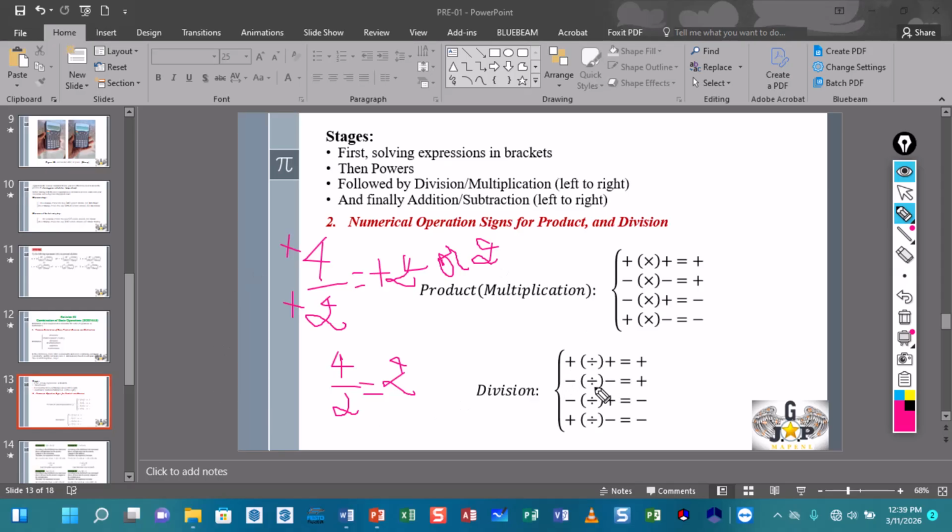Minus divided by minus gives us plus. Meaning what? Let's say for example we have minus 3 divided by minus 3. Right? Minus divided by minus equals plus. So, meaning that you can just simplify it.